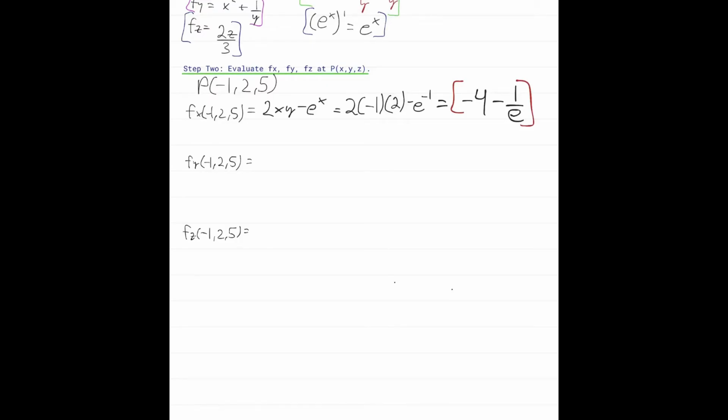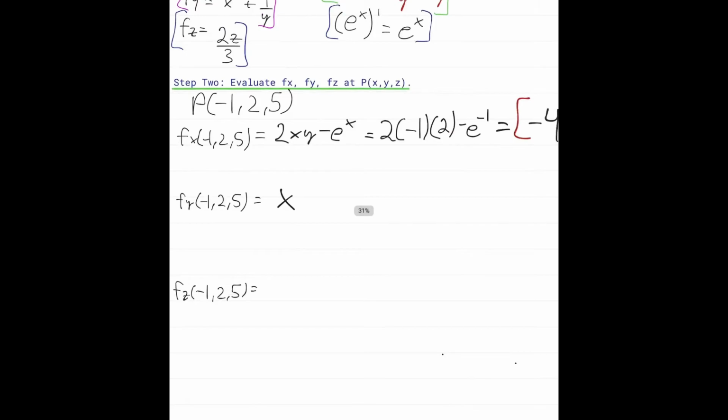So that's why we reciprocated it, 1 over e. It can be tricky and it can get people, but just know all I did was plug in -1 for x. So that x was substituted for a value of -1. So we know our f of x function evaluated at the point is -4 minus 1 over e.